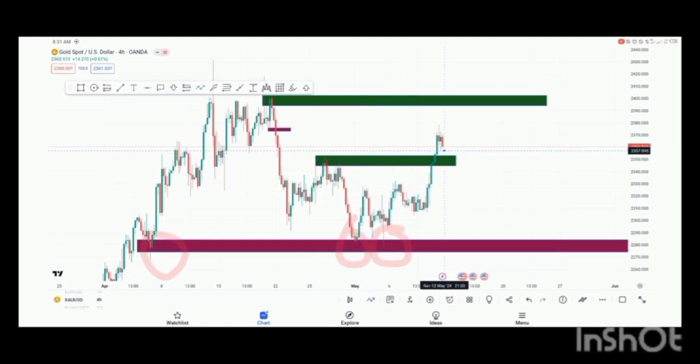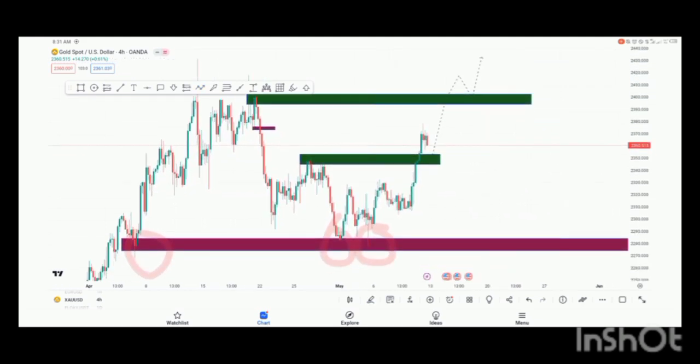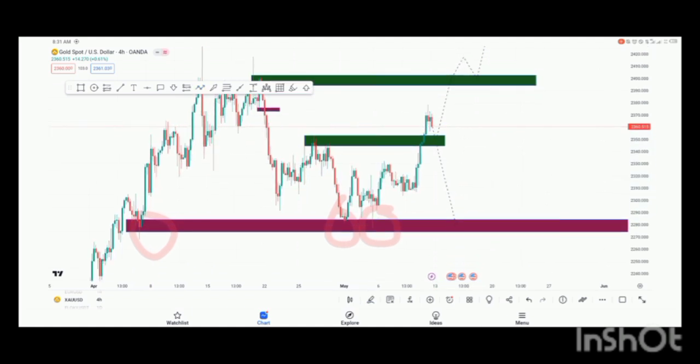So for next week, we'll be expecting movement of price from its current position to this resistance zone before there will be a drop or even a break out of it to the upside. But on the flip side, if price decides to continue downward, we are going to be expecting price to move downward to this support zone before continuing to the upside, guys.